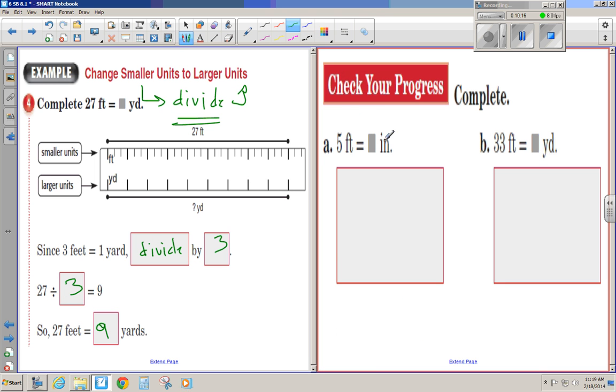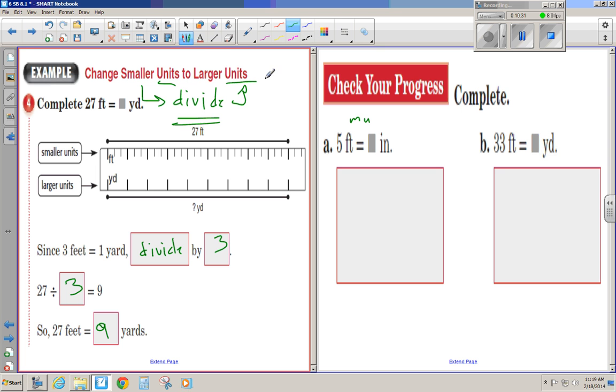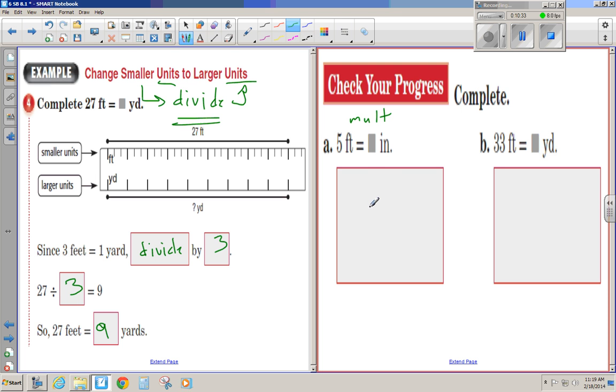All right, so 5 feet 2 inches. That means we divide. Oh, no, no. Sorry, we're going from the smaller, not smaller number, but smaller units. So we're going to multiply. And feet to inches, that's 12. So 5 times 12 is 60 inches.